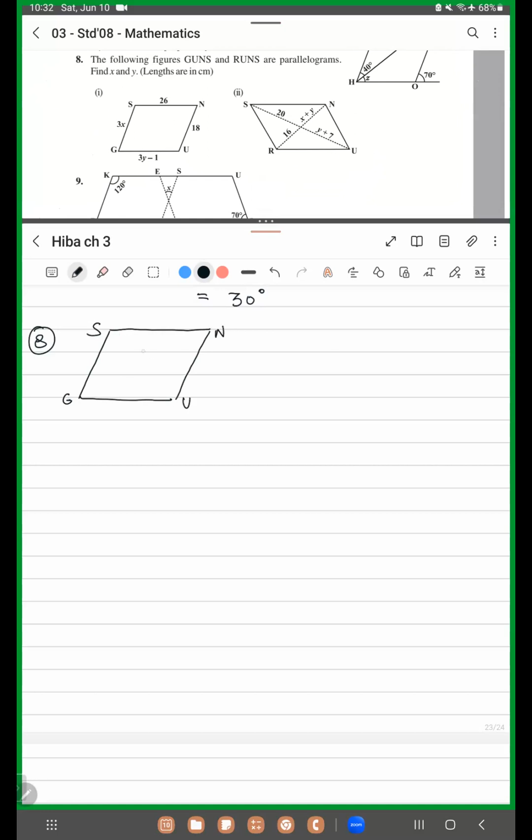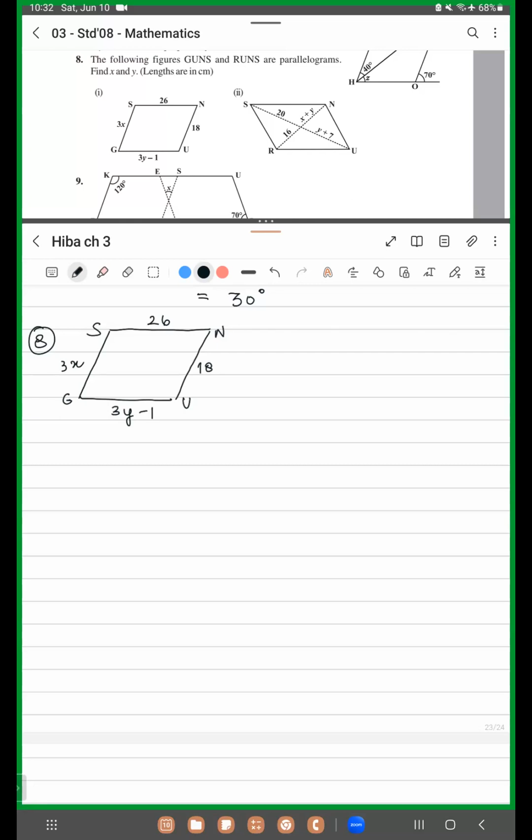X is going to be 18 centimeters because opposite sides are equal. What is going to be 18 centimeters again? 3x. Very good.